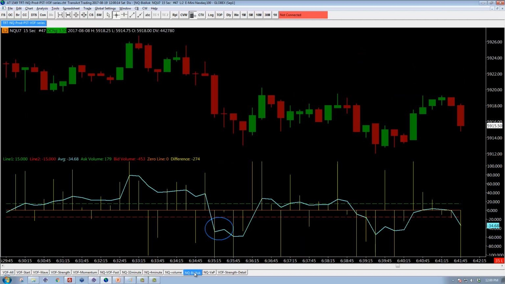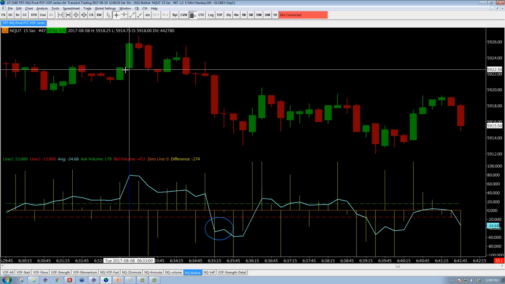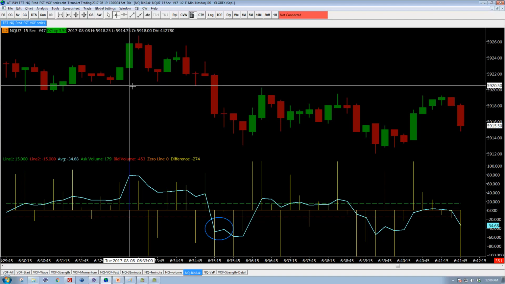We're looking at the difference between the buying and selling on a very fast time-based chart, a 15-second chart: the trades that went off at the ask minus the trades that went off at the bid. That gives you a number. If that number is positive, there were more aggressive buyers than sellers. If it was negative, there were more aggressive sellers.